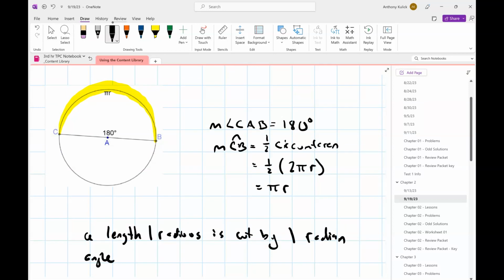So I know that a length of 1 on my radius is going to convert to a 1 radian angle measure.